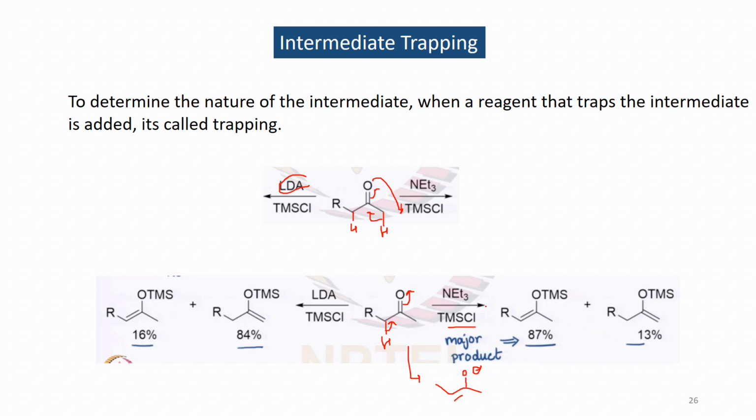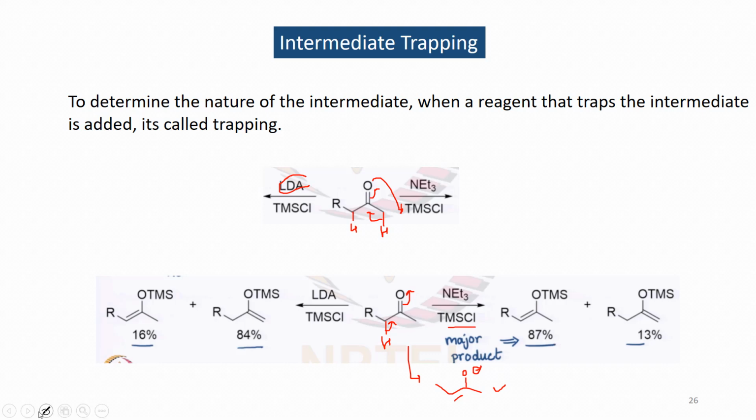From that one we can get the idea that whenever Et3N is given, the more substituted CH bond will get involved and give us this type of more substituted enolic intermediate.